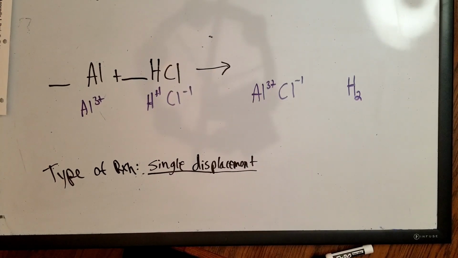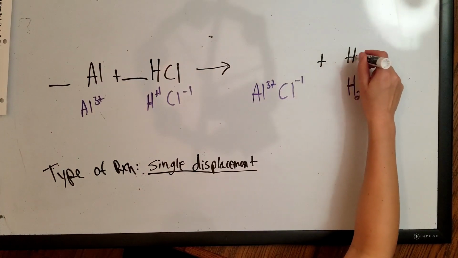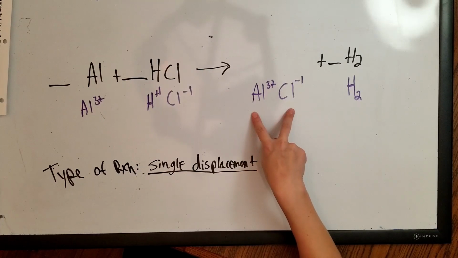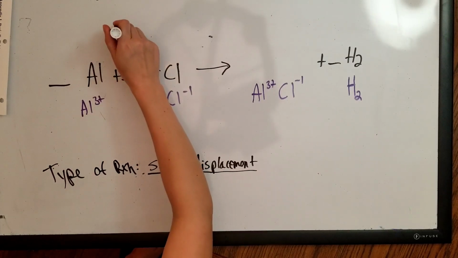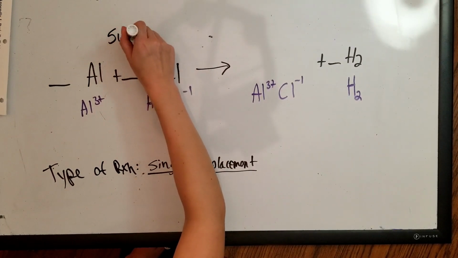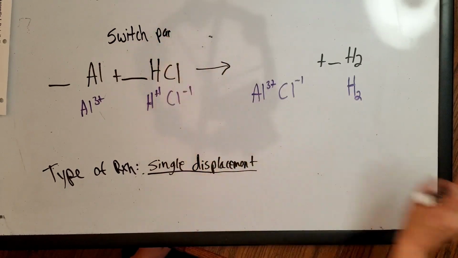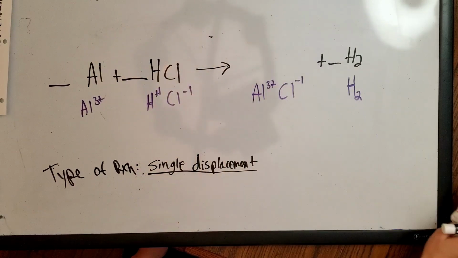Okay, so H2 is going to be one of our products. Now, aluminum and chlorine are going to be together, but what is the chemical formula going to be? Because when you switch partners, write it this way, new partners means new subscripts.